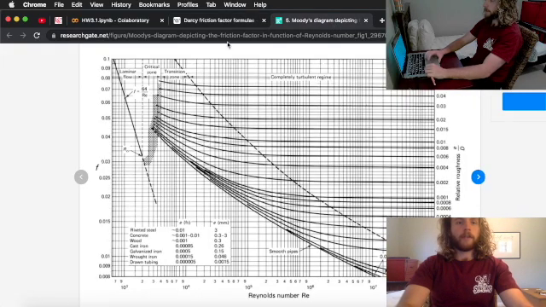And in a previous video, we discovered that the Fanning friction factor is equal to 16 over the Reynolds number, but over here it is saying that the friction factor is equal to 64 over the Reynolds number, and that's because this diagram right here is using the Darcy friction factor, not the Fanning friction factor.